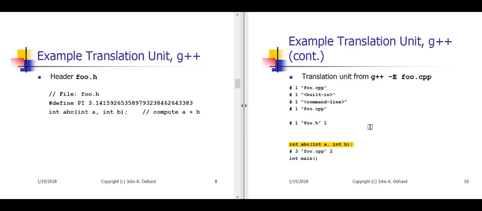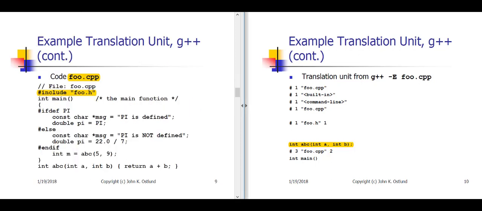We've completed processing the foo.h file, so we flip back to continuing with the foo.cpp file, and we find ourselves at line 3 in the foo.cpp file. And line 3 in the foo.cpp file is the declaration of the main function followed by a comment, and the comment is stripped out and thrown away.